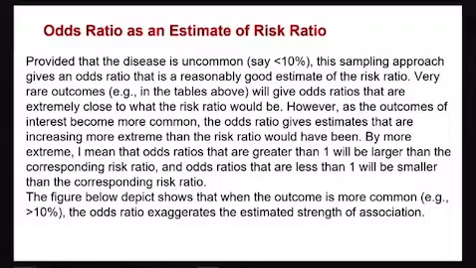That was why I told you the other time that case control is very useful when you're focusing on rare disease. Provided the disease is uncommon, let's say less than 10%, very close to rare, this sampling approach gives an odds ratio that is a reasonably good estimate.